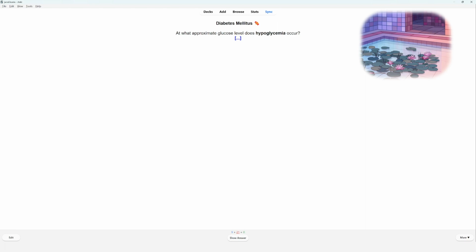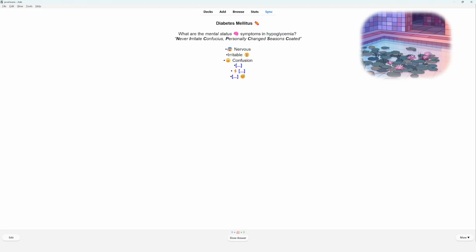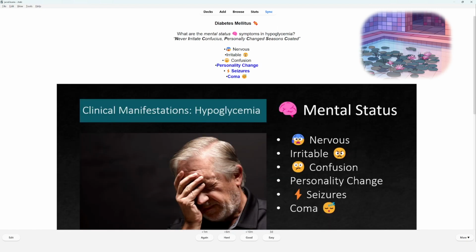At what approximate glucose level does under 70? Tachycardia, or personality change, seizures, coma.